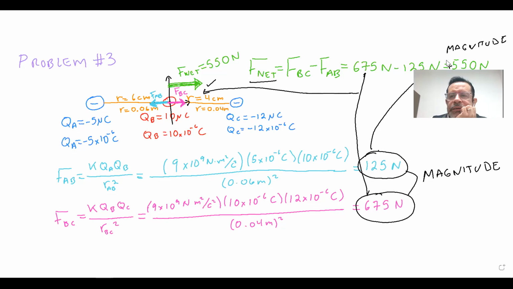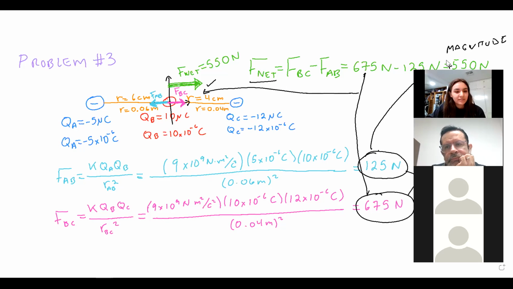Actually, I didn't understand them. For example, I thought that it was something that we were going to be doing in all the problems, like the negative sign, FBC minus FAB, like an equation. Well, it's actually not. That's also a good question and observation to clear some things up.